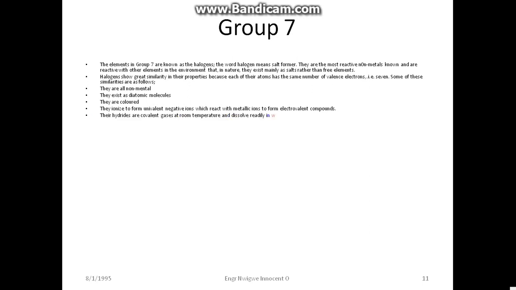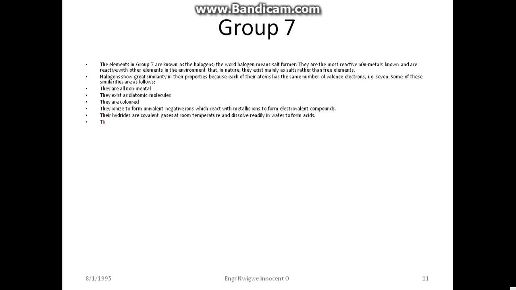They are all non-metals. They exist as diatomic molecules. They are colored. They ionize to form univalent negative ions which react with metallic ions to form electrovalent compounds. The hydrides are covalent gases at room temperature and dissolve readily in water to form acid.